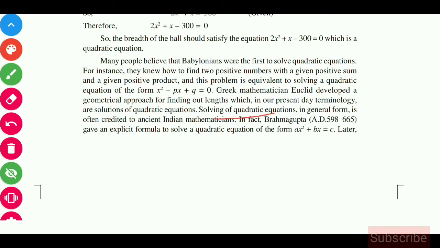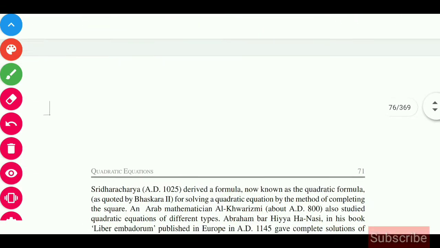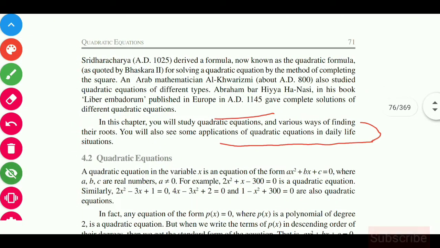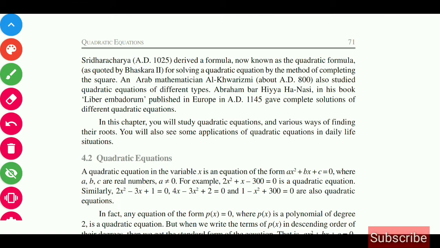Solving of quadratic equation in general form is often credited to ancient Indian mathematicians. In fact, Brahmagupta gave an explicit formula to solve a quadratic equation of the form ax square plus bx plus c. Sridhar Acharya derived a formula now known as the quadratic formula, as quoted by Bhaskara 2.